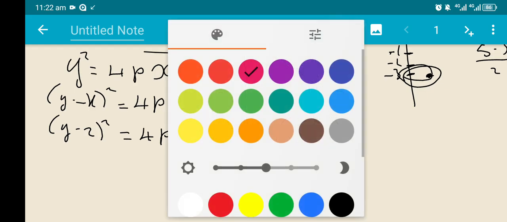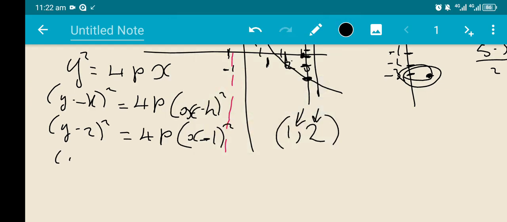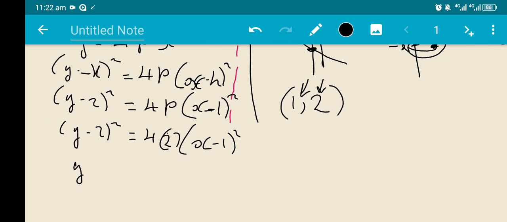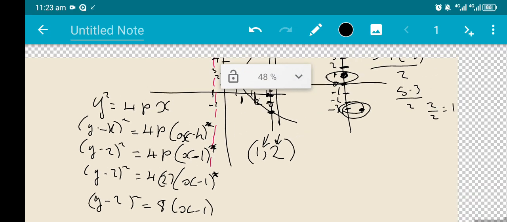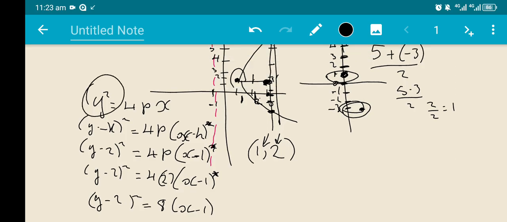Our final equation would look like so: (y minus 2) squared should be equal to 4p, then 4 times 2, x minus 1. So we say (y minus 2) squared should be equal to 4 times 2, that's an 8, x minus 1. There isn't any squared here, it only has to be on one. So here is a squared, there's no squared there.